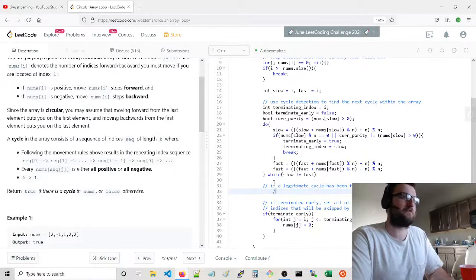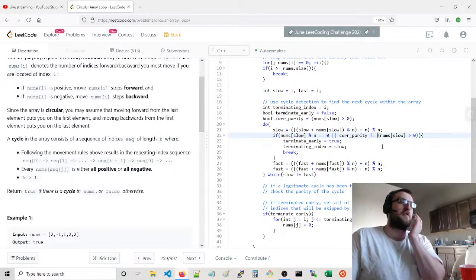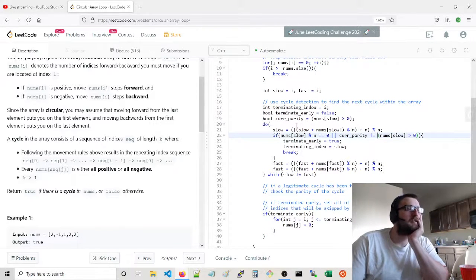then check the parity of the cycle. Actually, necessarily, so this is wrong too. Also, this is incorrect.